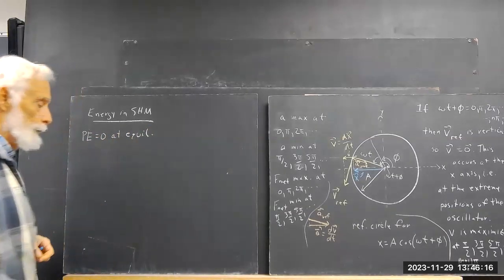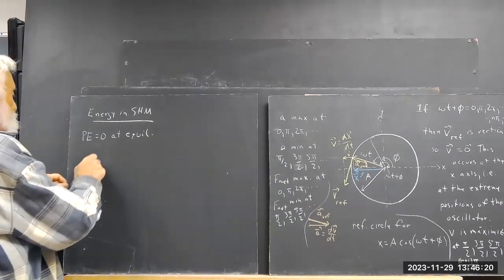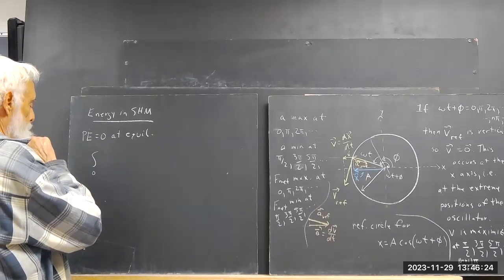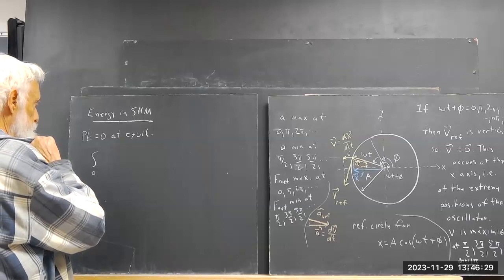I'm going to say potential energy is equal to zero at equilibrium. I'm trying to avoid a dummy variable here.